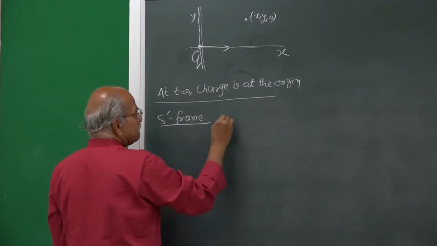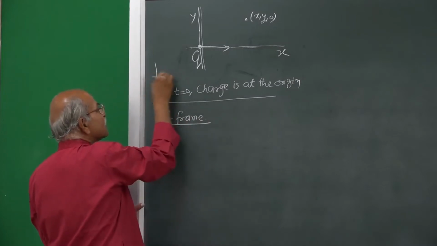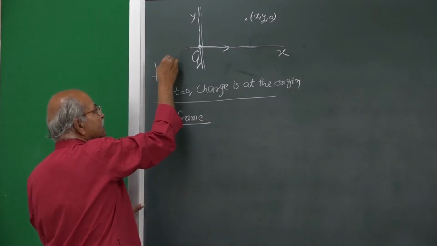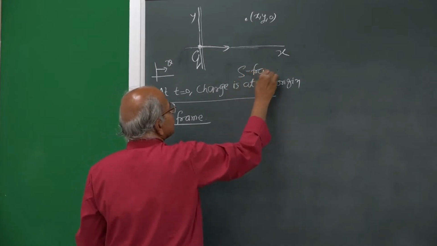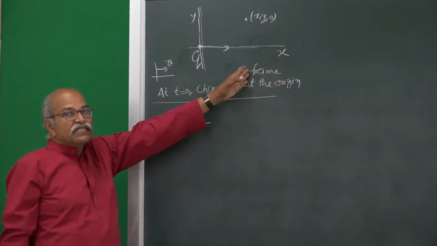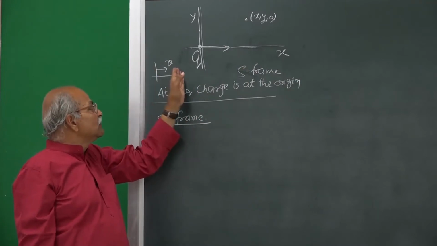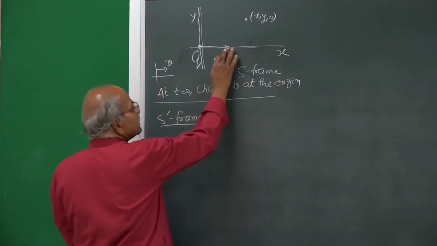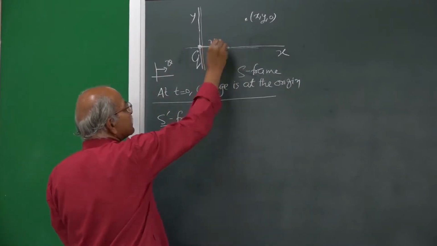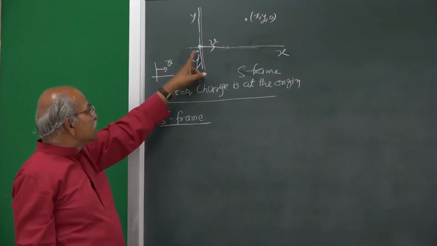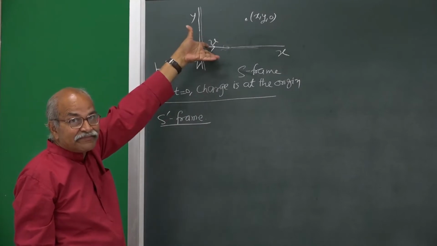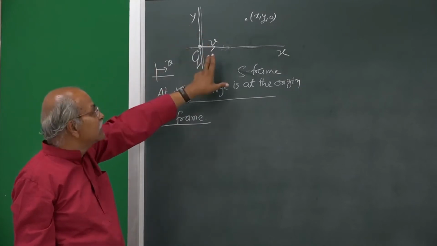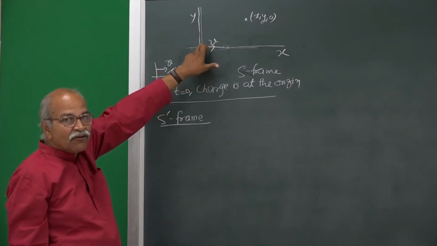In S prime frame, which is moving with respect to this S at velocity v, this is our S frame, and with respect to this S frame, S prime is moving with same velocity v, which is here, and therefore, this charge is fixed at the origin of S prime, right. This charge is fixed at the origin of S prime.